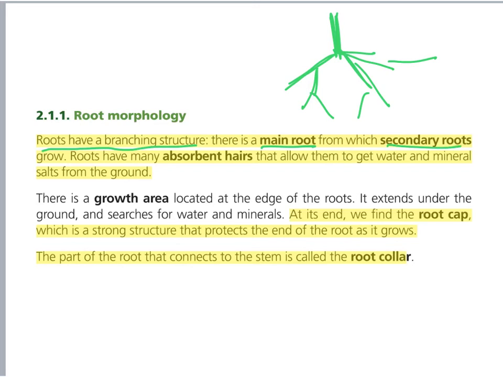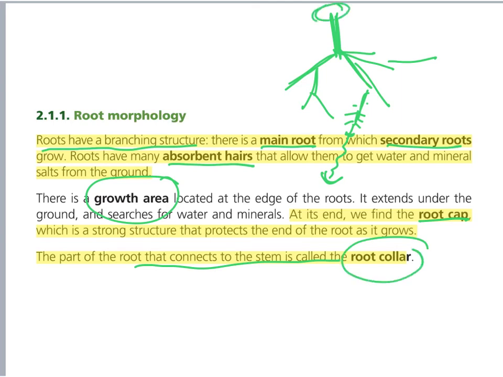And at the end, in the smaller branches, you have the absorbent hairs that allow them to get water and mineral salts from the ground. There is a growth area, which is at the end. This is the area that the plant is going to use for growing, right? And this area is protected by a root cap. The part that connects the stem with the root is called the root collar. So it could be this area.